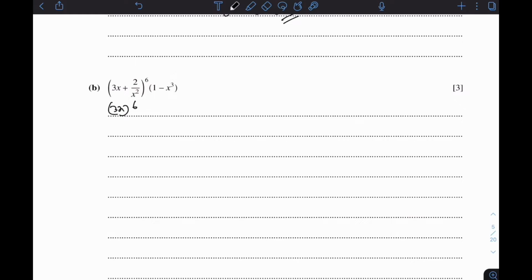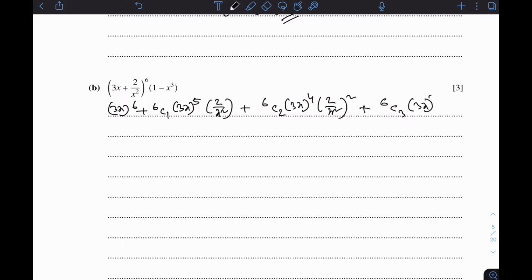Okay, first of all, (3x)^6 plus 6C1 (3x)^5 (2/x^2). It is the binomial. We have learned this formula earlier. 6C2 (3x)^4 (2/x^2)^2. Though to write all these terms is quite difficult, we are trying. This is also another method, but it's a bit tricky.